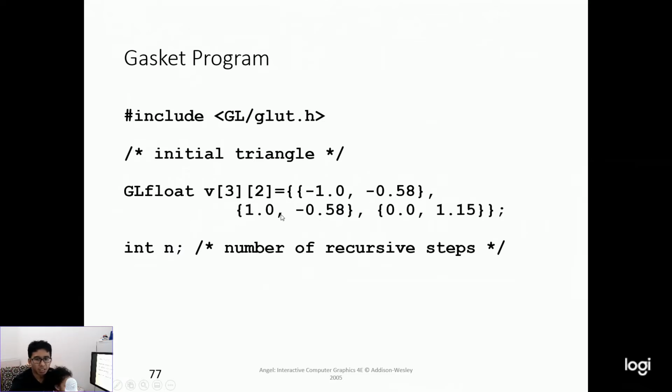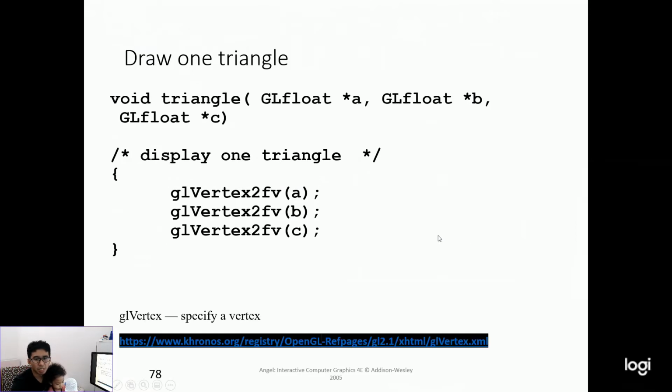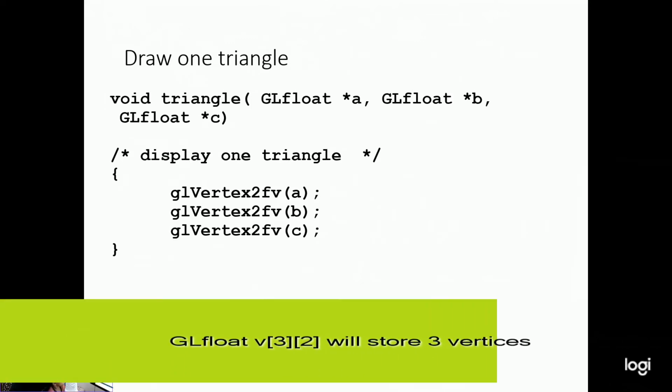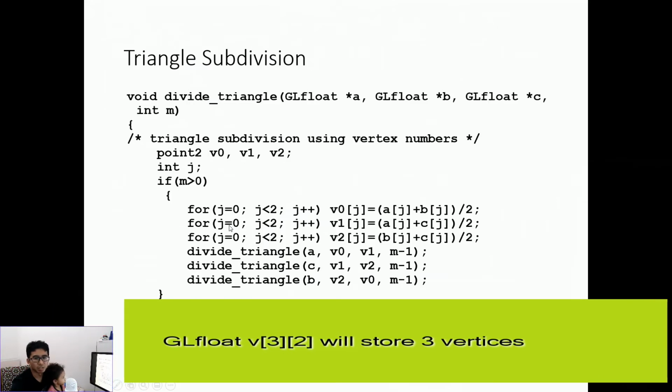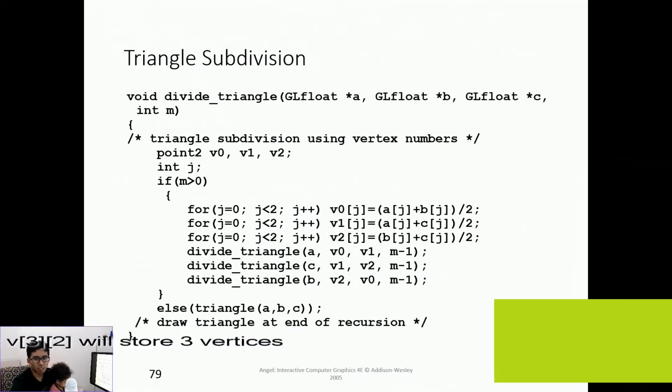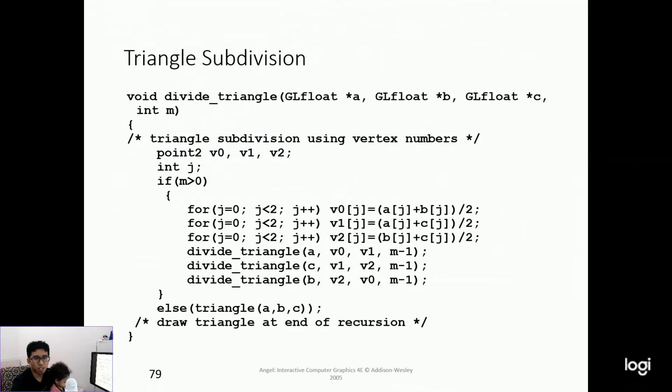Then 1, -0.58, and then another point at 0.0 and 1.15. Then you draw one triangle first. By using the example, you're going to show the first triangle, and then you have the triangle subdivision. I will be explaining this soon on the next slide.